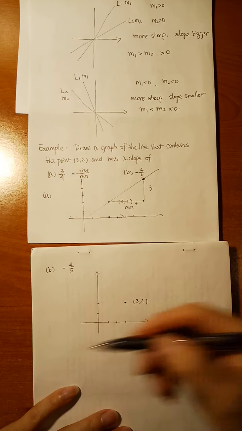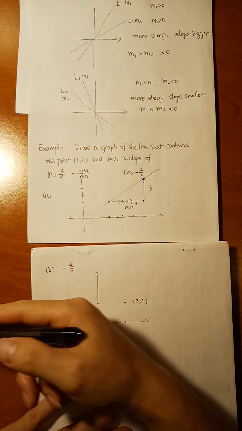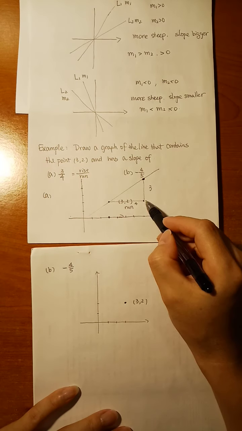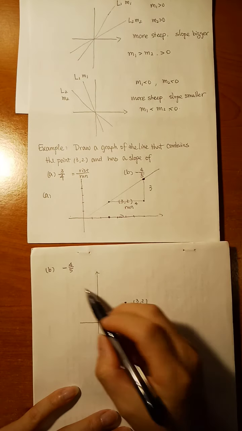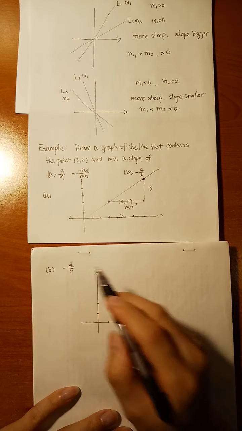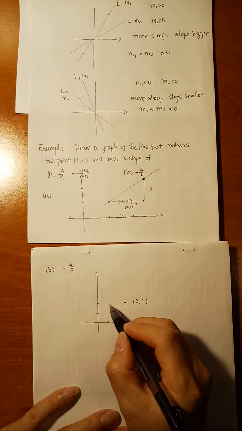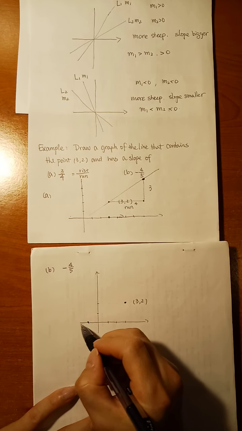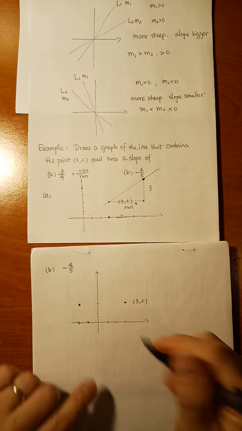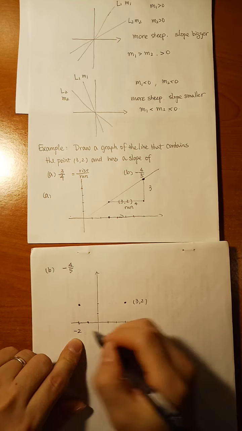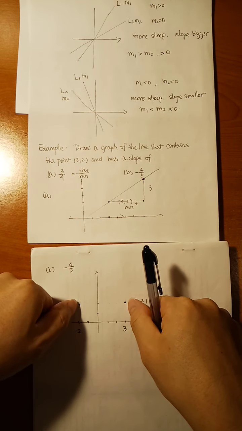Negative 4/5, you're supposed to move in the negative direction. Positive, move in the positive direction. Negative slope, you move to the left. Positive, move to the right. Okay, run is 5, so you get 1, 2, 3, 4, 5. So you move to this point. This is 3, this is negative 2. The distance is 5.